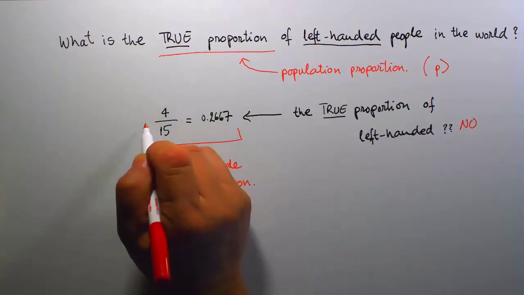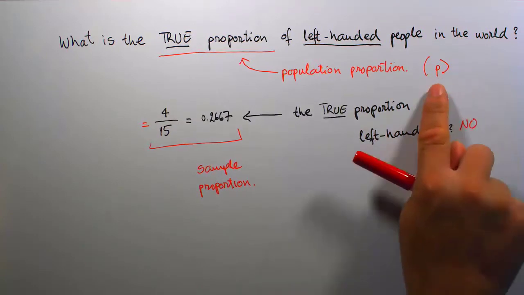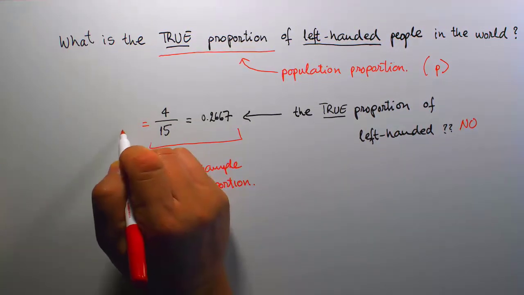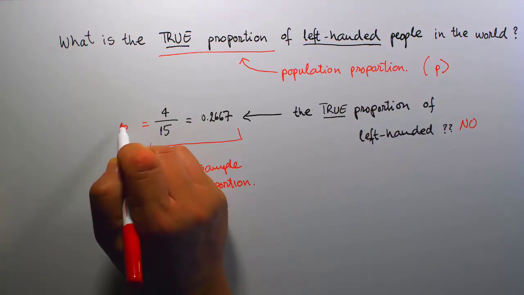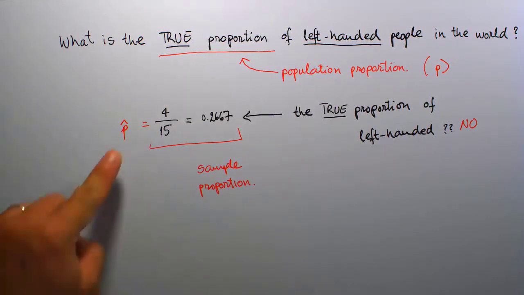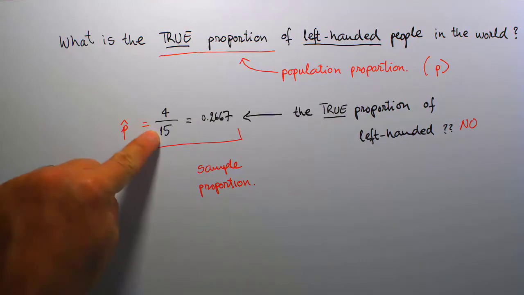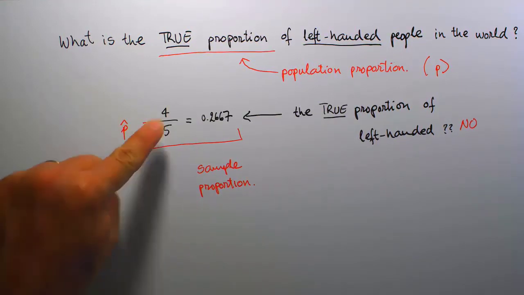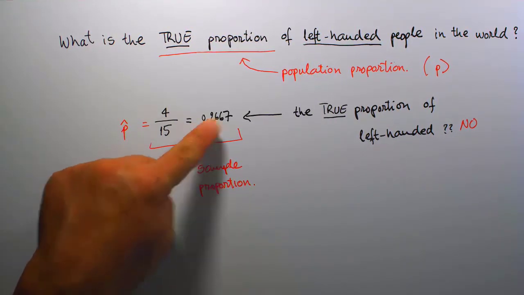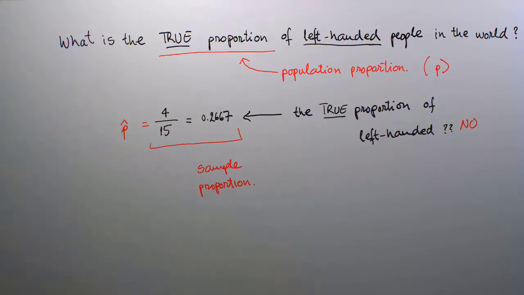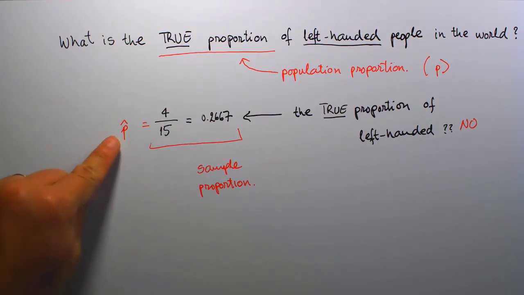Unlike a population proportion, for a sample proportion we use a lowercase letter p as well, but with a hat, to indicate what we have here, either as a fraction or as a decimal in 4 decimal places usually. Then this is only a sample proportion.